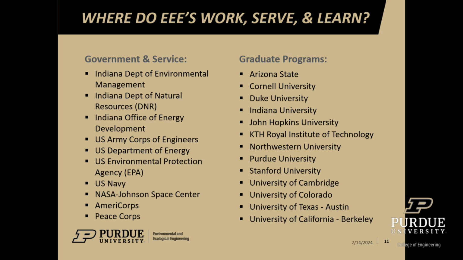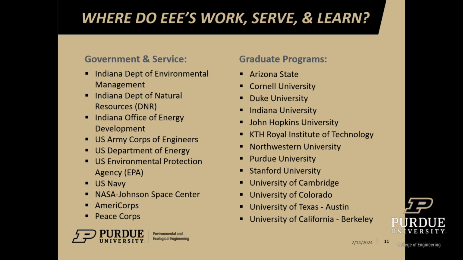This last column, we're looking at graduate programs. You'll notice Purdue University is listed on here. We'd love to have students stick around and do their master's or PhD within EEE at Purdue. But Purdue Engineering is a good springboard to get you onto other comparable good places for higher education.